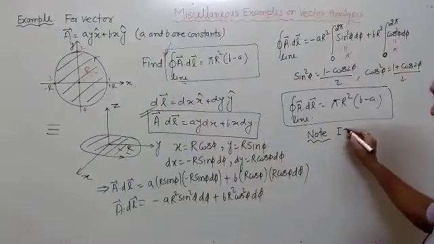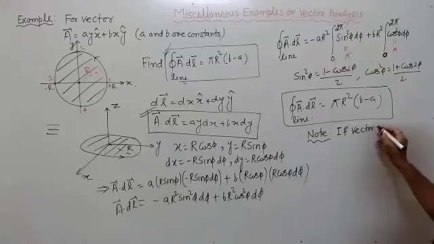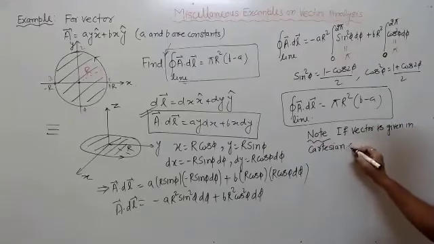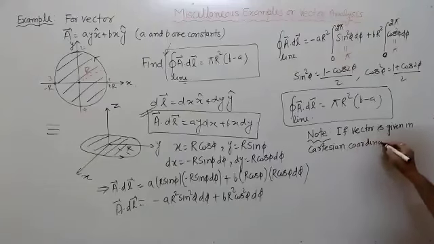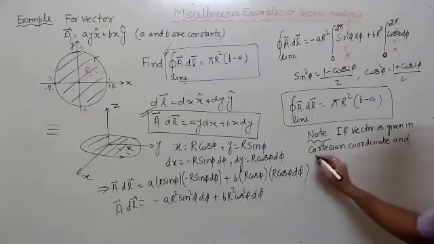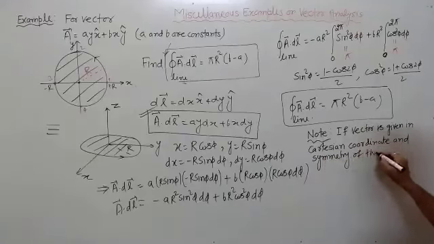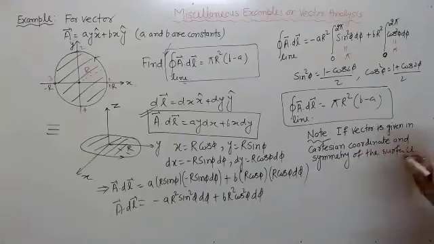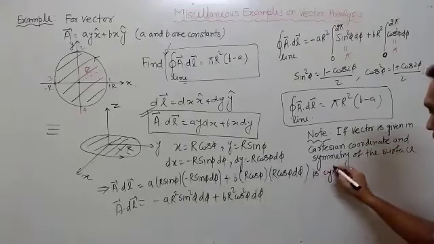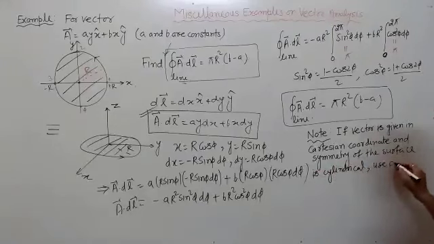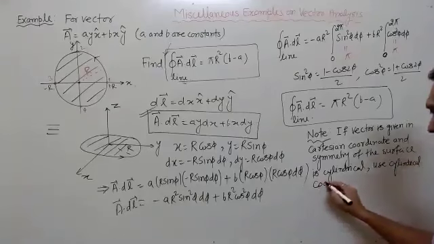So if vector is given in Cartesian coordinate, and symmetry of the surface is cylindrical, use cylindrical coordinate system.